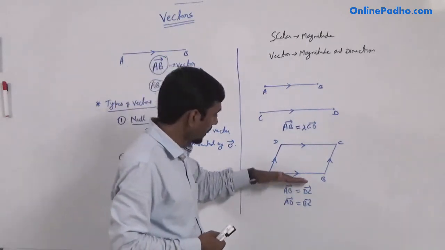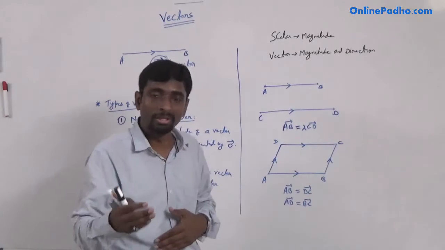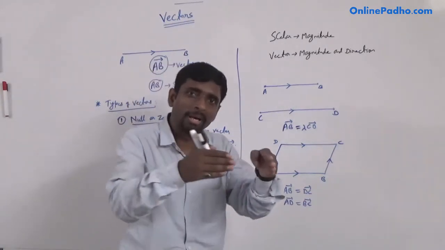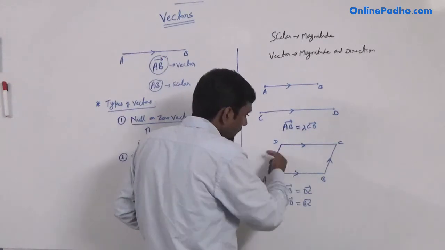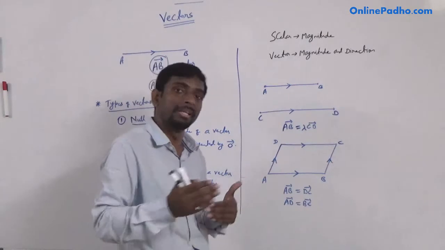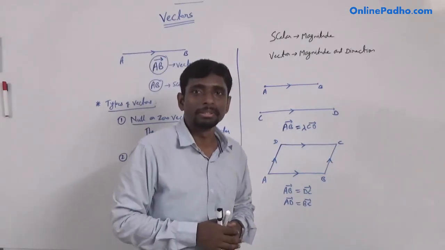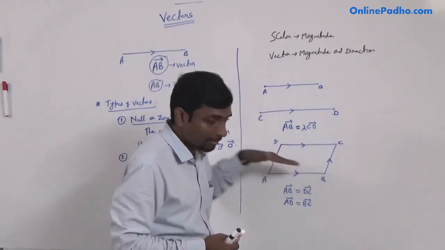Both straight lines AB and DC have equal magnitude and are in the same direction. But if you say this line is CD, then AB vector is not equal to CD vector. AB vector is just negative to CD vector. But AB vector is equal to what? DC vector. Directions are same here.